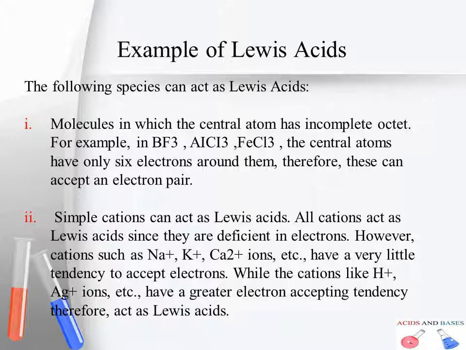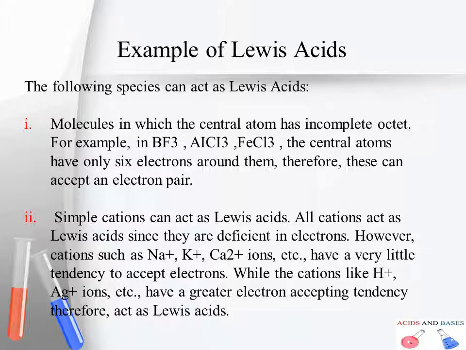For example, in case of aluminium trichloride, aluminium belongs to group number 13. It has 3 electrons in its outermost shell. It will get 3 electrons from chlorine, 1 electron from each chlorine. So now in totality it has 6 electrons, and the remaining 2 electrons, or a pair of electrons, will come from the Lewis base.